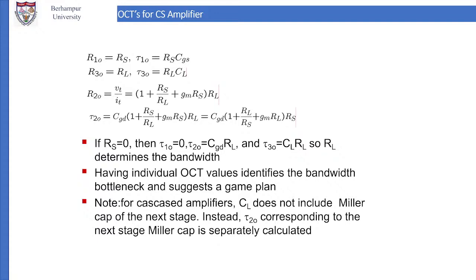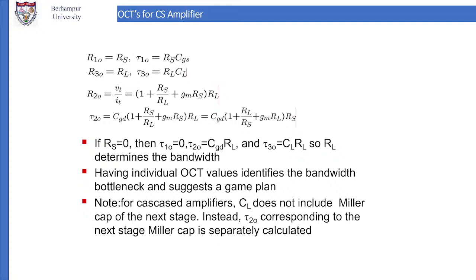And tau 30 is equal to CL into RL. So RL determines the bandwidth here. In all these three cases, since it is multiplied by RL, RL determines the bandwidth when RS is equal to 0. Having individual OCT values identifies the bandwidth bottlenecks and suggests how to design it. So those plans you can do.